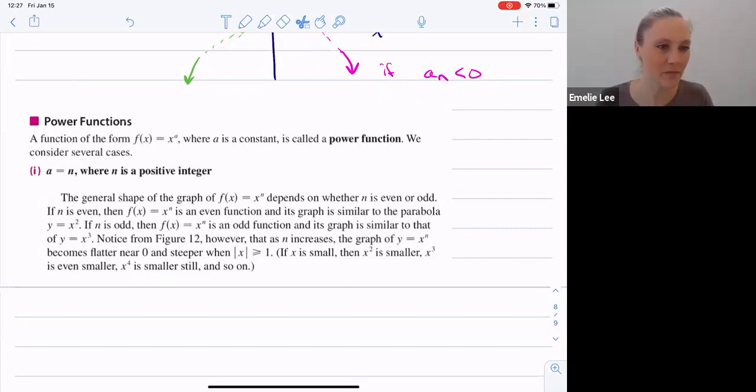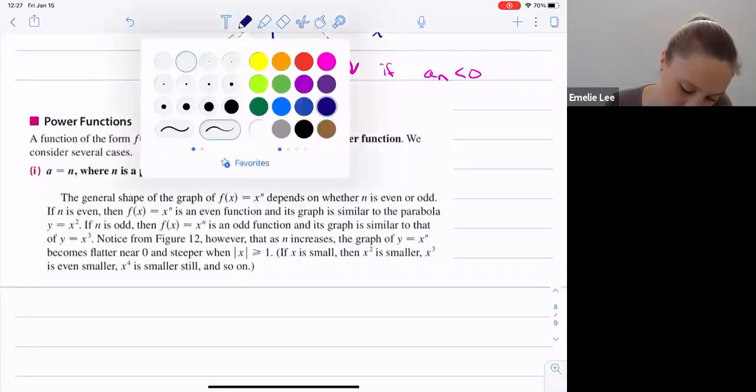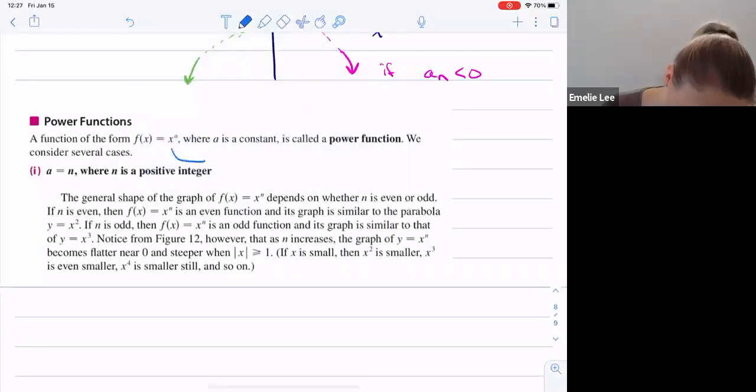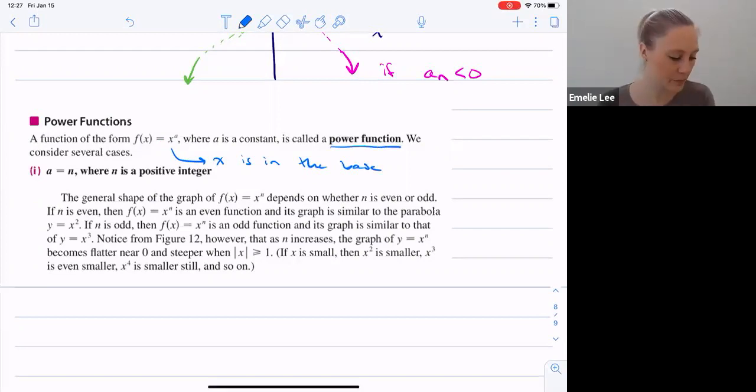Okay. So if you have x to the power of a, right, notice that x is in the base. Right, so x is in the base, and that's a power function. Okay, and so you can have different values of a, which is the power.